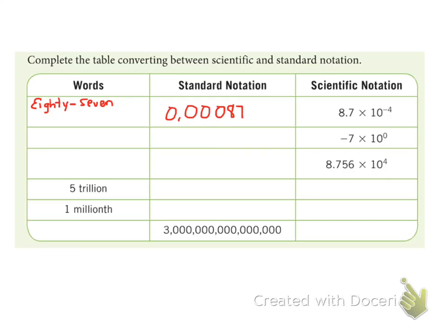And now we have to list the position of the last digit. So the first 0 would be tenths, the second 0 would be hundredths, then thousandths, ten thousandths, and hundred thousandths. So Drew was right. 87 hundred thousandths. Any questions on the first row?